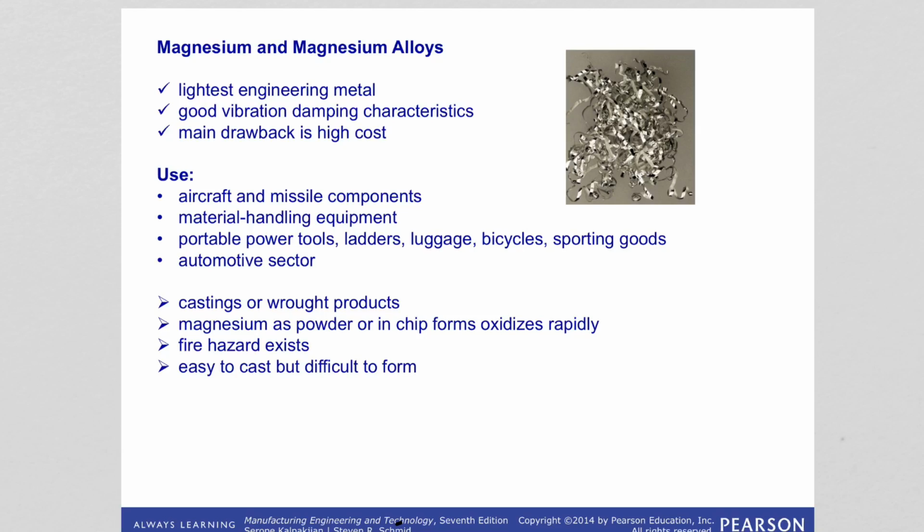Okay, so magnesium alloys, and actually magnesium is the lightest engineering metal. Lighter than aluminum. It has good vibration damping characteristics. That means it will be used in places where we want to damp vibration, basically. The main drawback is high cost.